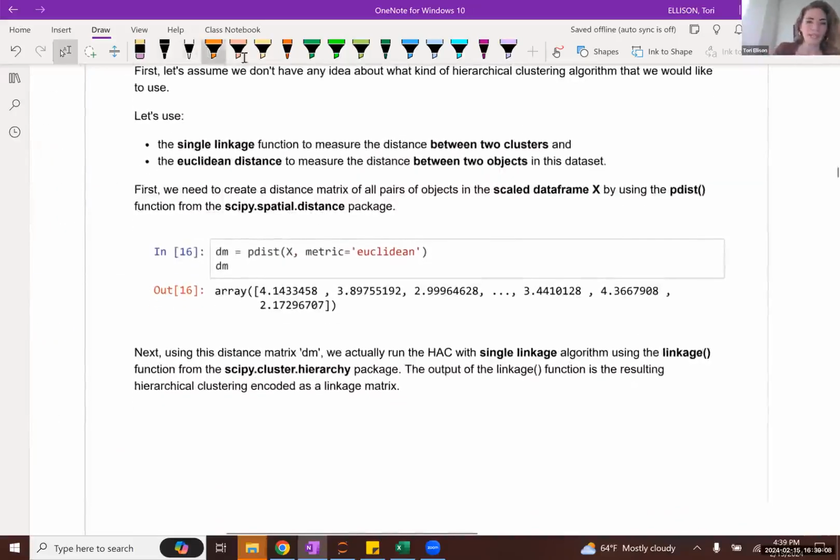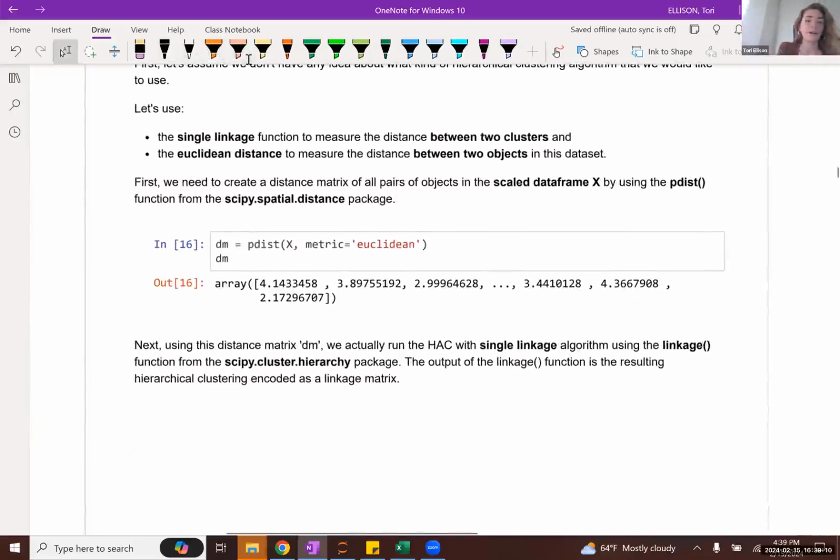So we discussed that all hierarchical agglomerative clustering algorithms start with an initial proximity matrix of the objects in the data set. So this is where I create my initial proximity matrix, and this is where I can stipulate what object distance metric I want to use. Usually I just tend to use Euclidean distance unless I have reason to believe I should use something else.